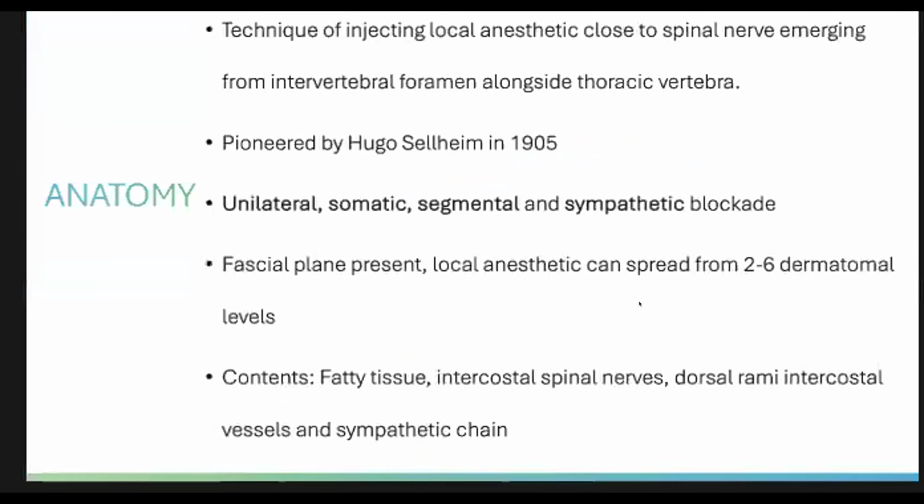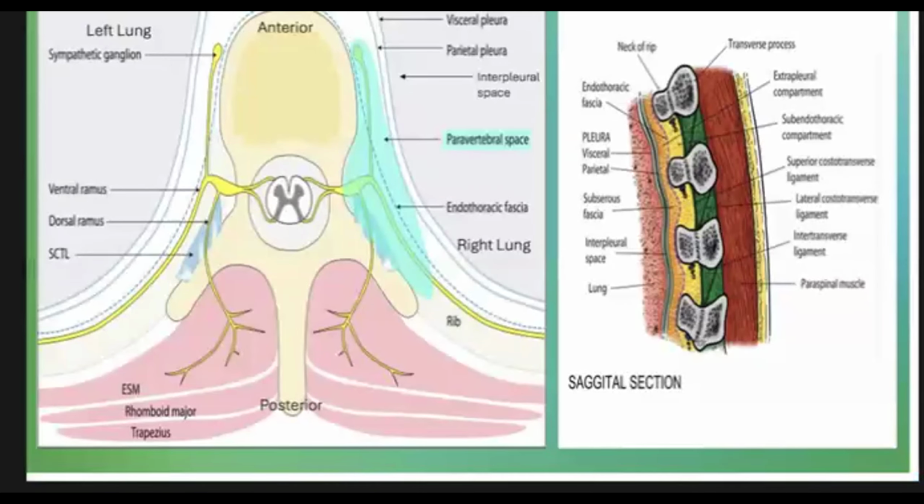The paravertebral space is a wedge-shaped space which lies lateral to the vertebral body and the transverse process. It is bound by the superior costotransverse ligament posteriorly, and the endothoracic fascia forms the deep border of this space and separates the nerve roots from the sympathetic ganglion.